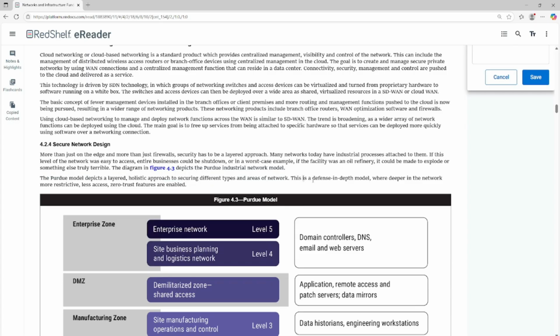It is a model that sides with what is called a defense in-depth model, where deeper in the network, more restrictive, less access, zero trust features are enabled. The zero trust or defense in-depth approach means there's a control at every layer.